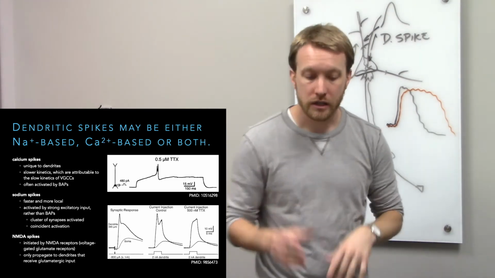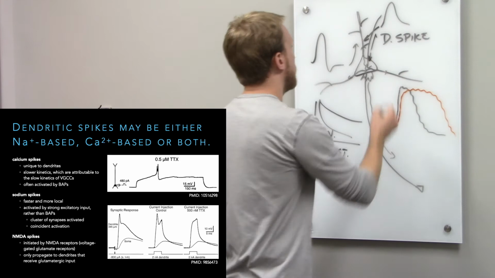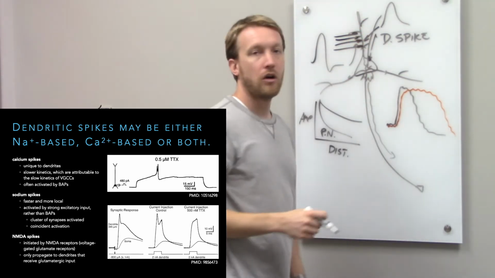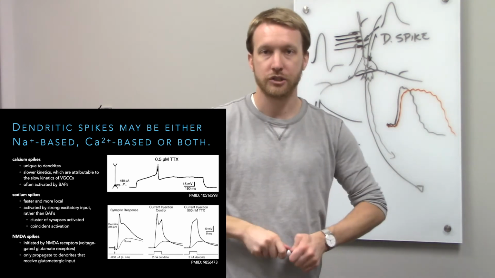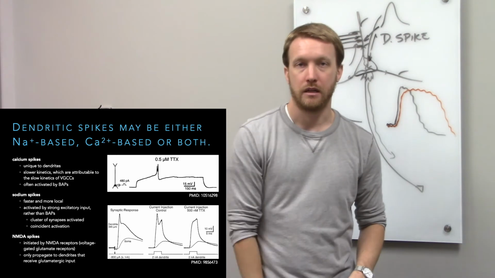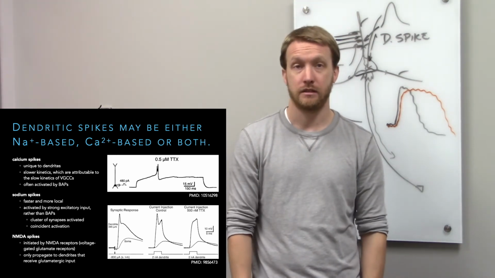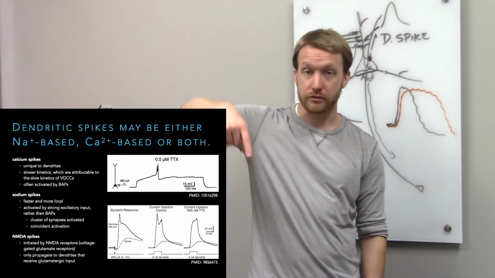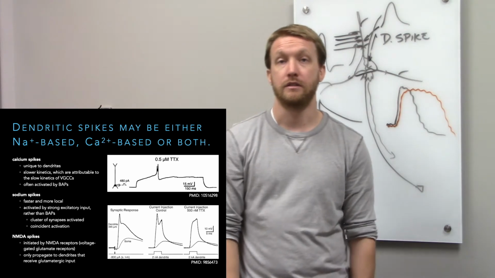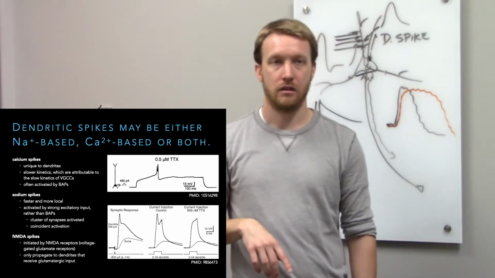So when we get strong excitatory input, and that's usually going to require input at multiple sites near one another all at the same time, when we get a bunch of excitatory input, we fire a sodium spike. And we know that the one on the bottom is a sodium spike because we added TTX. And when we add TTX, that initial spike is lost. All we're left with is the very strong depolarization, but you're not noticing that spike.